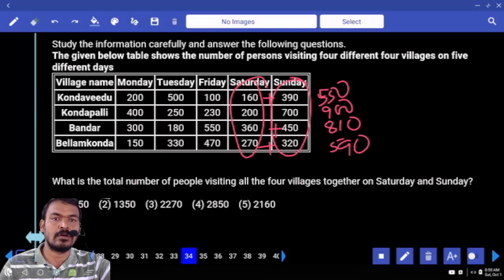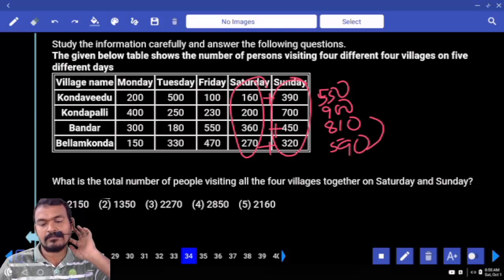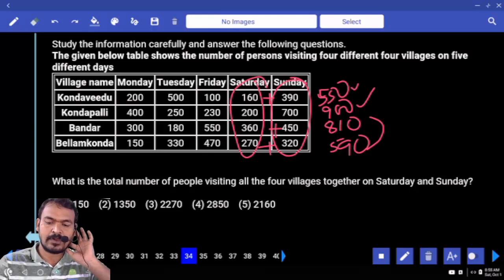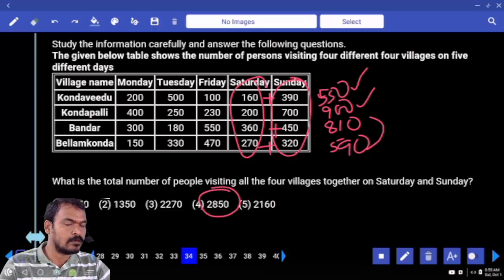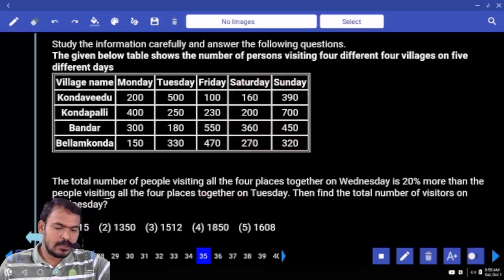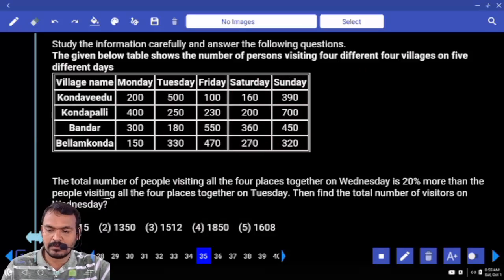The last two added give 1400. 1400 plus 900, 2300 plus 550, 2850.